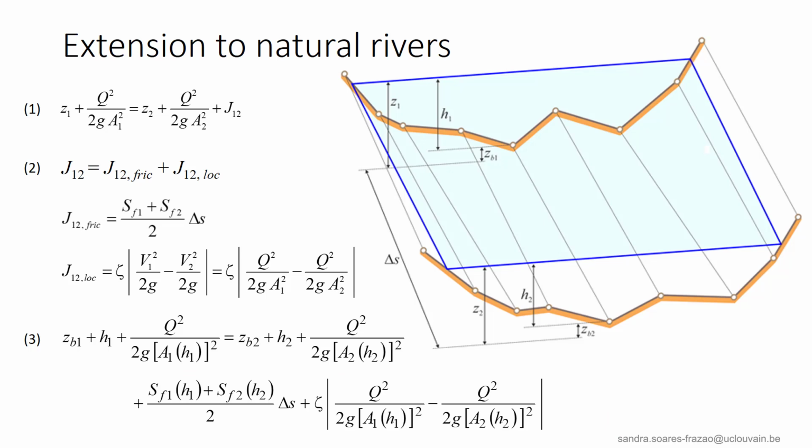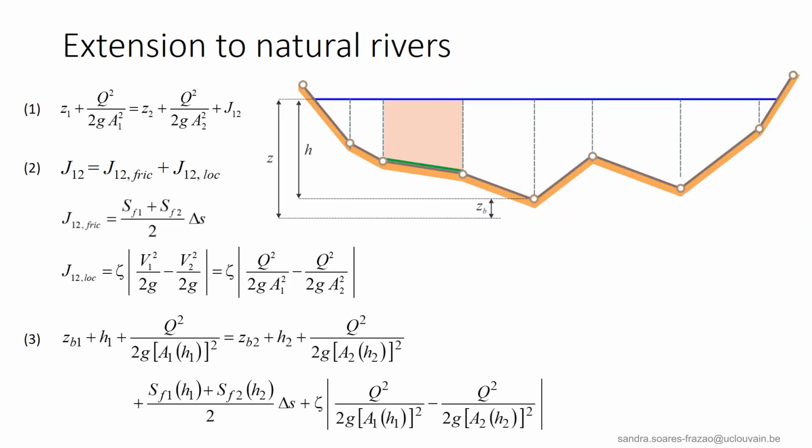So, we will need to determine the geometrical characteristics, wetted area, wetted perimeter, hydraulic radius of an irregular cross-section as this one for any possible depth. As the cross-sections are usually represented by polygonal lines, as here, this can be done by dividing the cross-section into trapezoidal subsections, from which the total area and the total perimeter can be calculated.